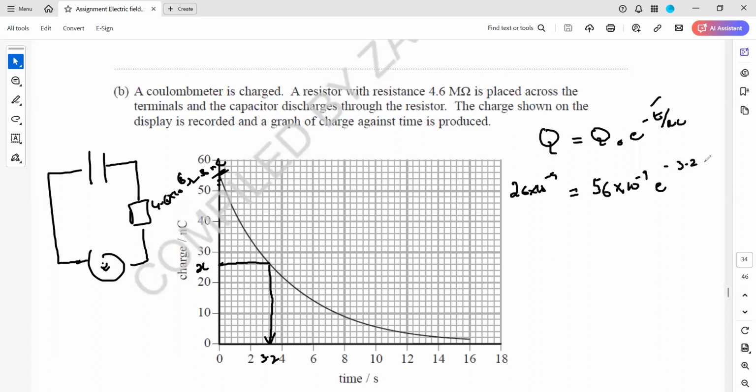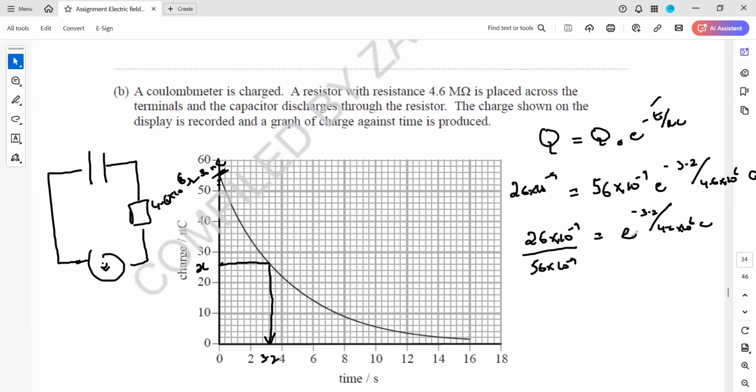R is the resistor through which it discharged, 4.6 megaohm, and C is the capacitance, which we don't know. Now we simplify. So 26 times 10 to the power minus 9 divided by 56 times 10 to the power minus 9 equals e raised to the power minus 3.2 divided by 4.6 times 10 to the power 6 times C.